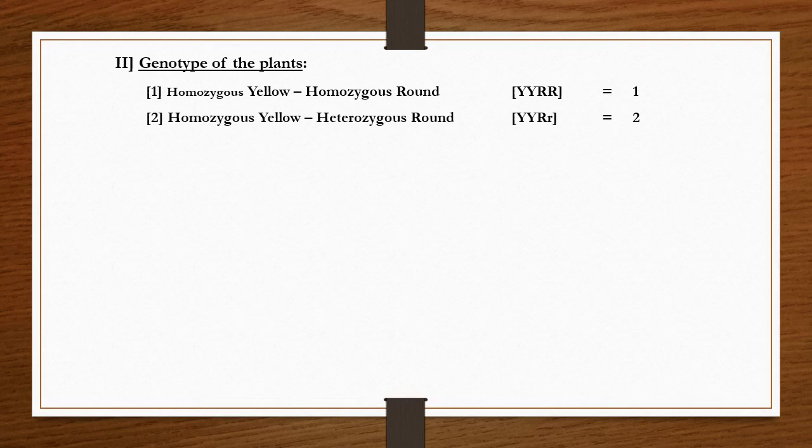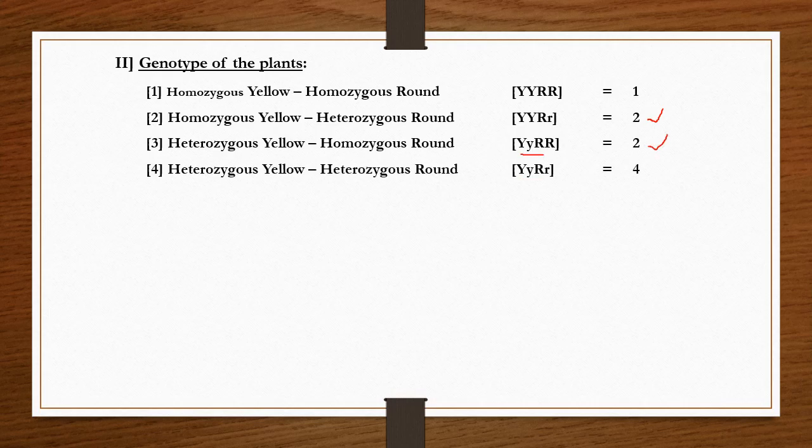Homozygous yellow, capital Y, capital Y, heterozygous round, capital R, small r. Only two individuals have this gene composition. Heterozygous yellow, capital Y, small y, homozygous round, capital R, capital R. The individuals having this gene composition are two.